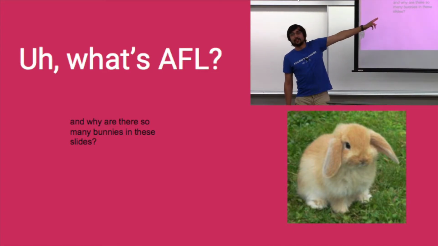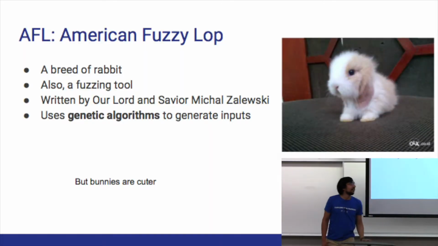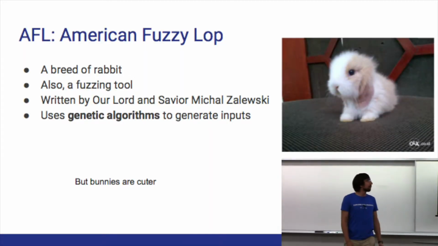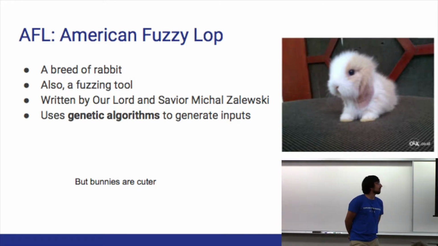But we're going to answer the second question, which is also important: AFL is the American Fuzzy Lop, and that is a breed of rabbit, importantly. It is also the fuzzing tool that we were just using, written by Michael Zalewski, who is amazing. He was just kind of like, I think I'm going to write a fuzzer, and then a month and a half later was like, hey guys, here's AFL. And then it became the industry standard for binary fuzzing.